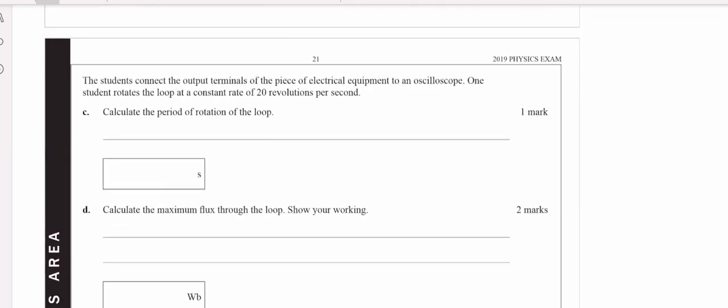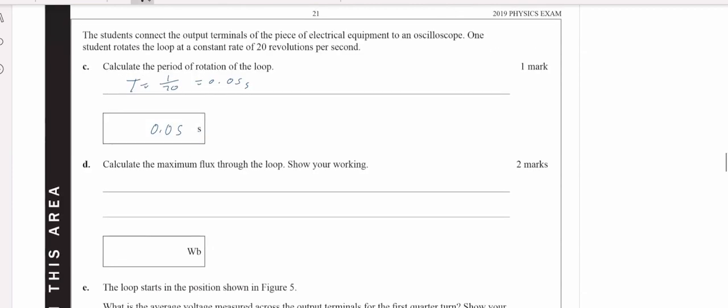Students connect output terminals of the piece of electrical equipment to the oscilloscope. One student rotates the loop at a constant rate of 20 revolutions per second. You have the frequency, so you can define the period. So T equals 1 over 20, 0.05 seconds. Calculate the maximum flux through the loop.